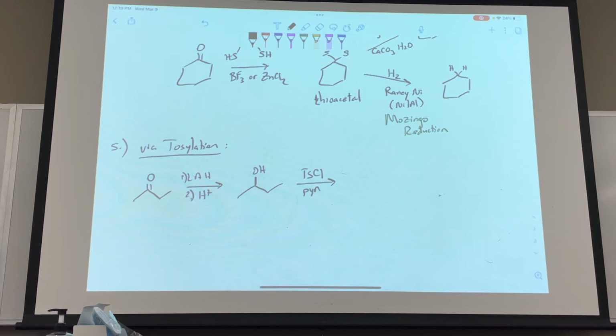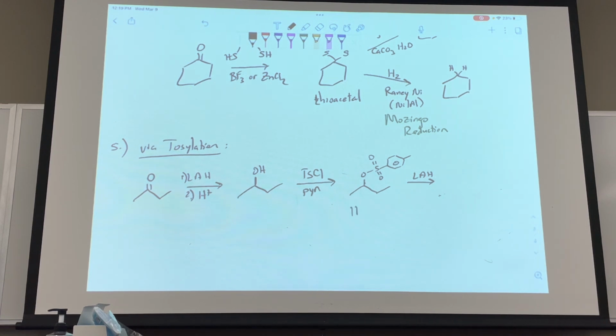Do you remember what tosylates are good for? I think you learned this last semester at some point. Makes a good leaving group? Yep, exactly. So the tosylate looks like this. Not that you really need to know. The only thing you need to know about the tosylate is that it's a good leaving group. So then what we can do is treat with LAH one more time.